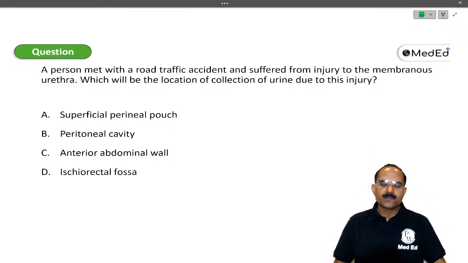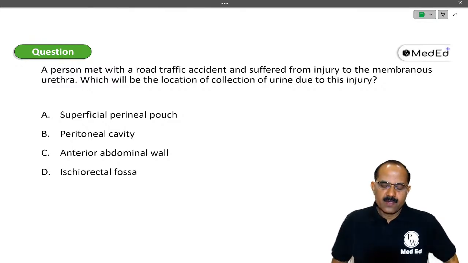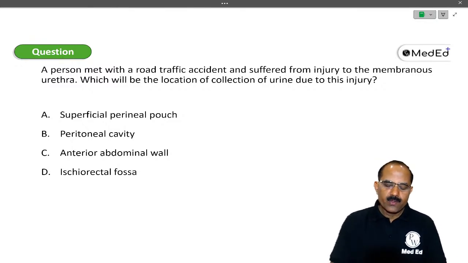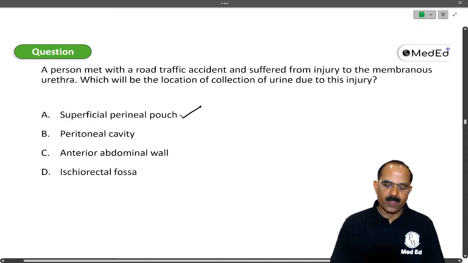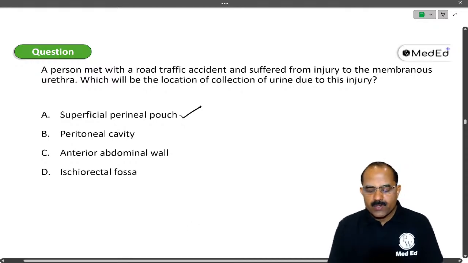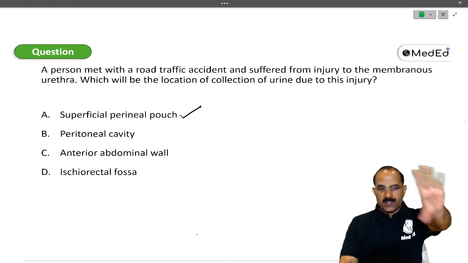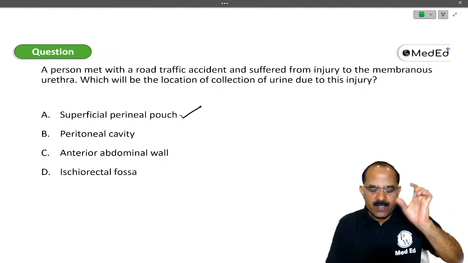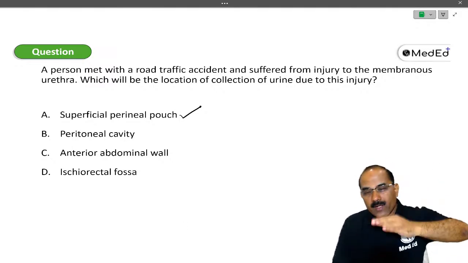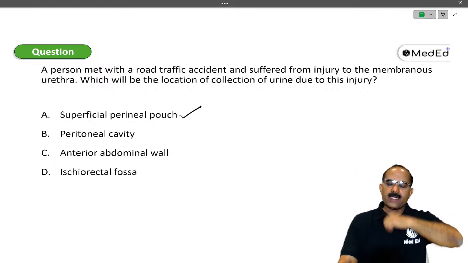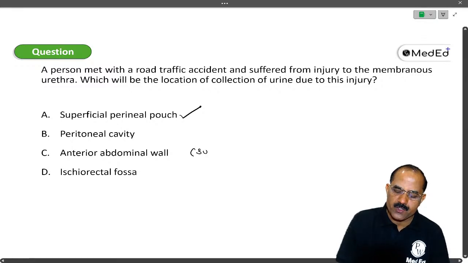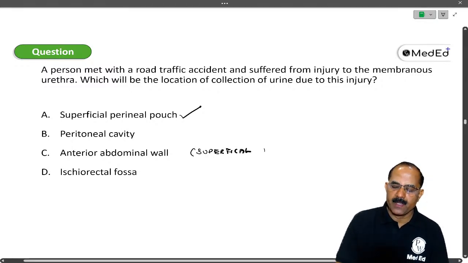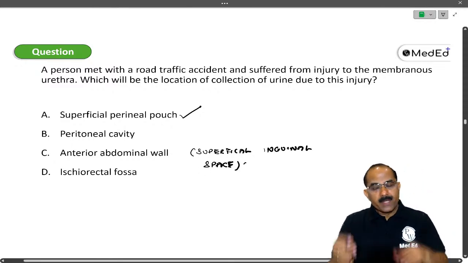See, urine है ना, urine will collect in the superficial perineal pouch. Urine will also collect in the anterior abdominal wall in the space. हाँ, एक space है जिसका नाम है superficial inguinal space. Anterior abdominal wall में collect नहीं होता है.